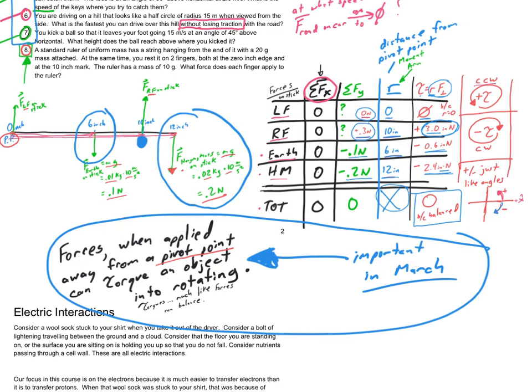Okay? That these forces can cause objects to rotate. Because, as Faraday's law is going to show us, magnetic fields cause things to rotate a whole bunch. But they're not very good at making things translate.